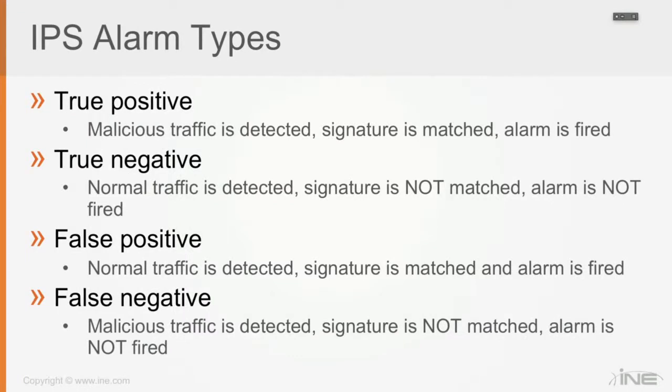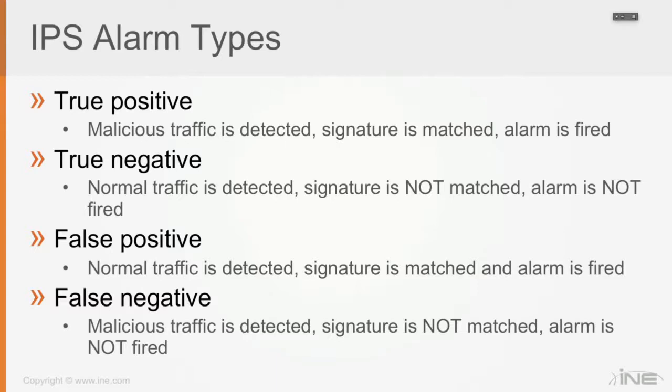And then false negative. Negative means again that the alarm is not fired. And it's a false negative, it means that it shouldn't be like that, because malicious traffic is detected, and unfortunately the signature is not matched and the alarm is not fired.